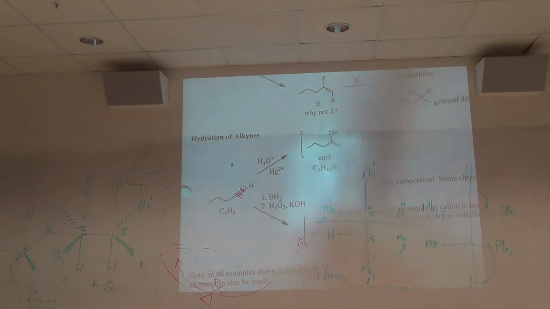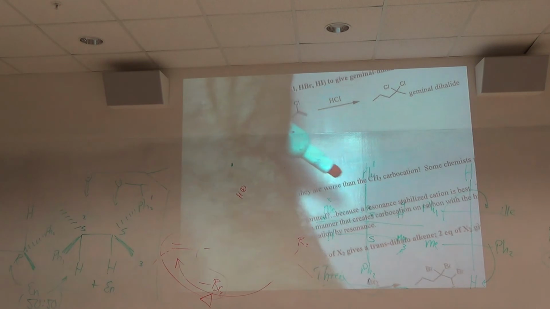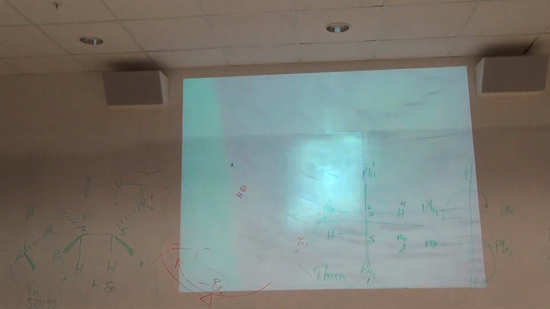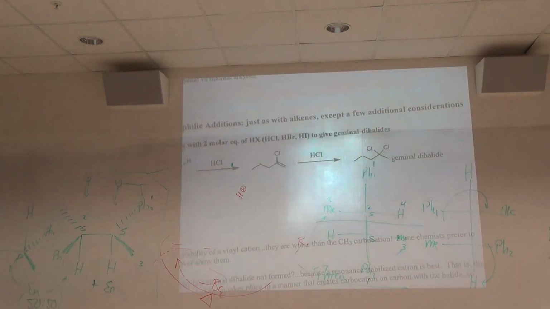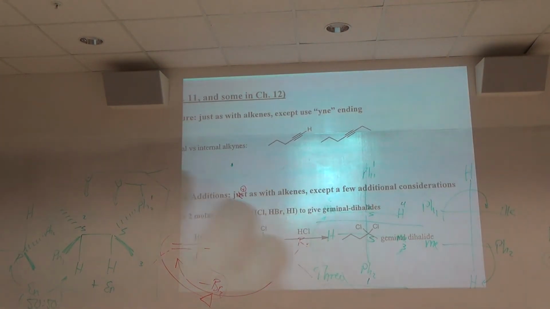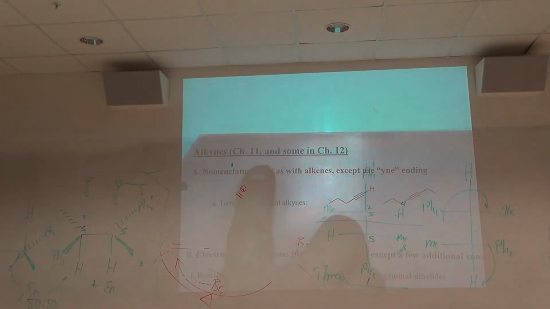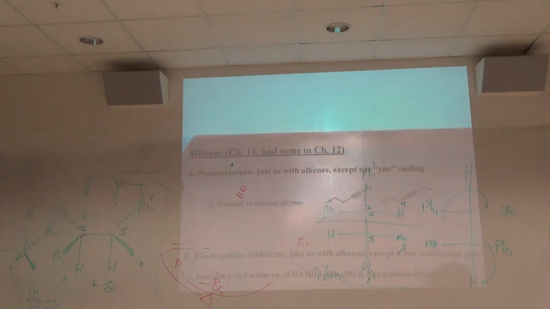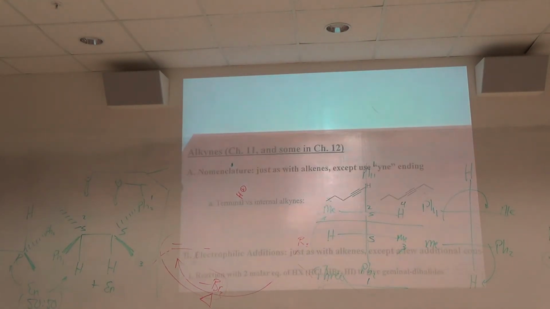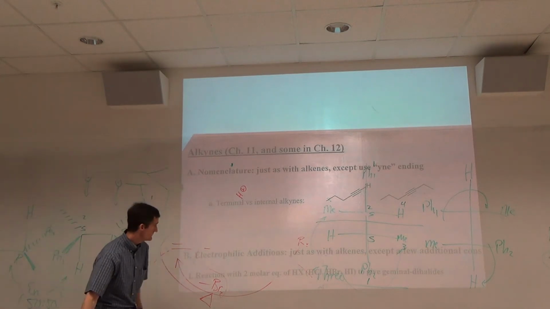The main thing is this should be very similar to alkenes. There are some drugs with alkynes. So let's get started. Chapter 11, some in chapter 12. Let's do some nomenclature real quick. Hopefully this pink shows up. It looks a little dull, dim.